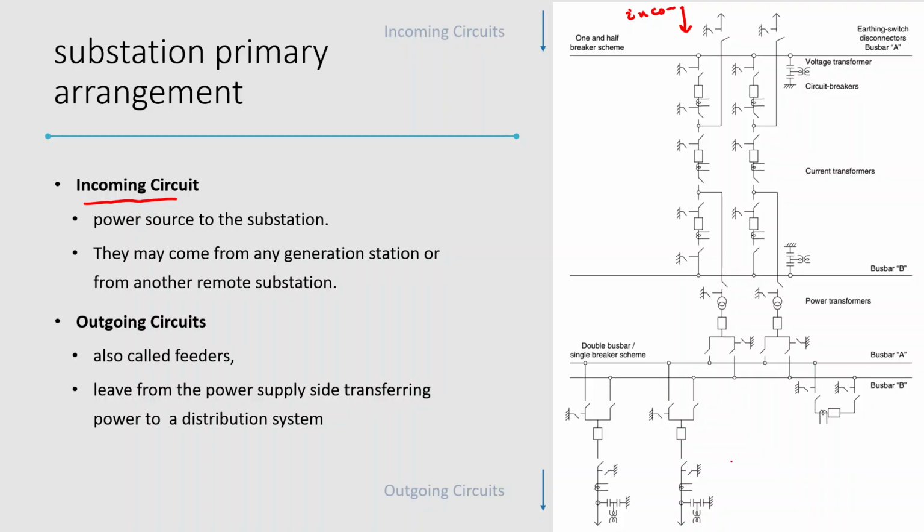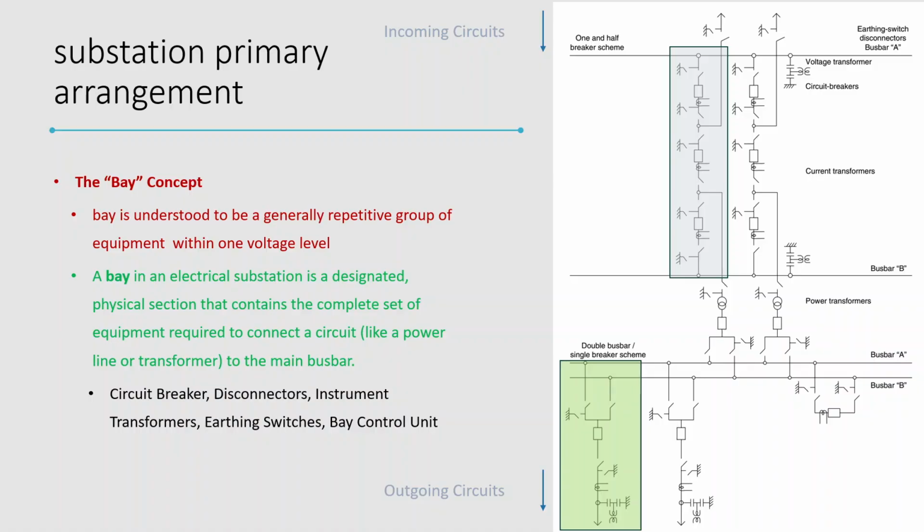And then you have the outgoing circuits, as I have mentioned here. They are also called feeders, right? They leave power from the substation and basically supply power to the distribution system, right?